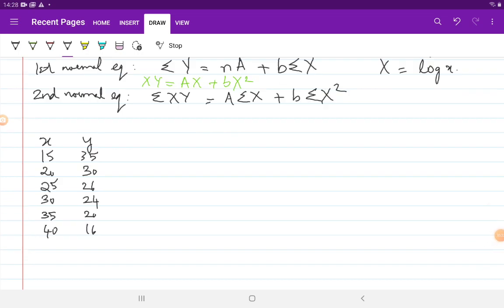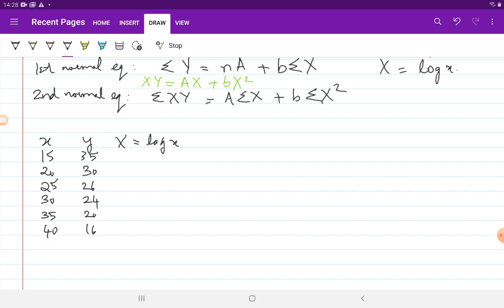This is the data that has been given for the question. You have small x and small y, and you have six observations each. Now remember, your normal equations are in terms of capital Y, capital X. So you need to calculate or find out what capital X is. Here, capital X is equal to log of small x.